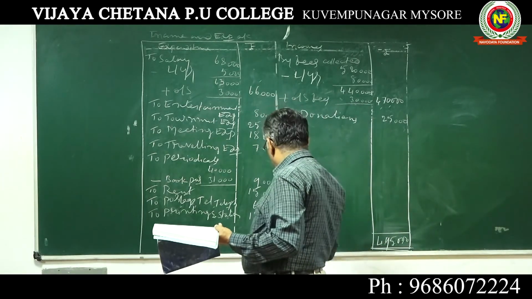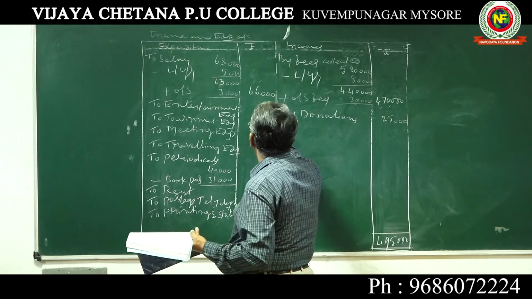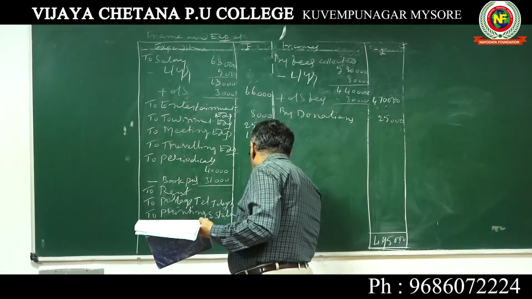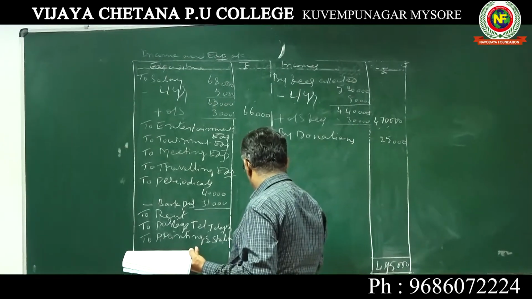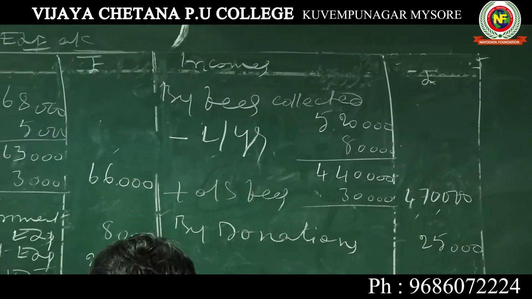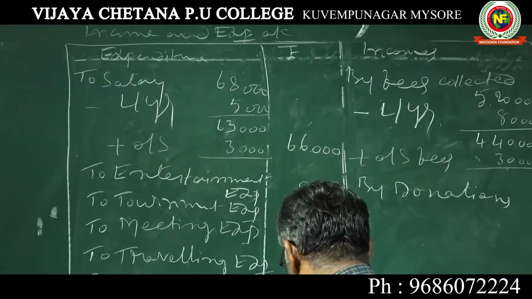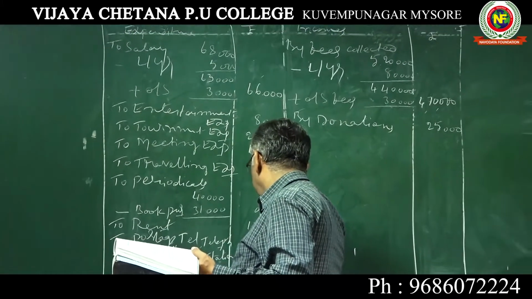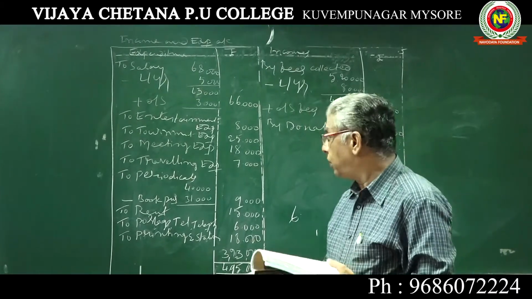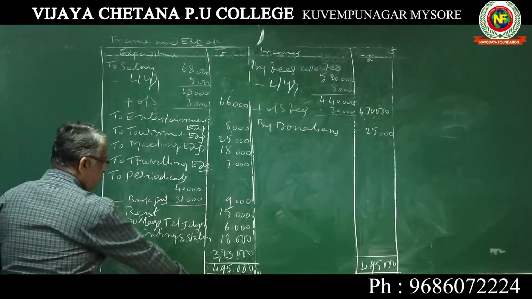The difference is 3,23,000, the excess of income over expenditure. The income side total is 4,95,000. You put that amount here also on the expenditure side.